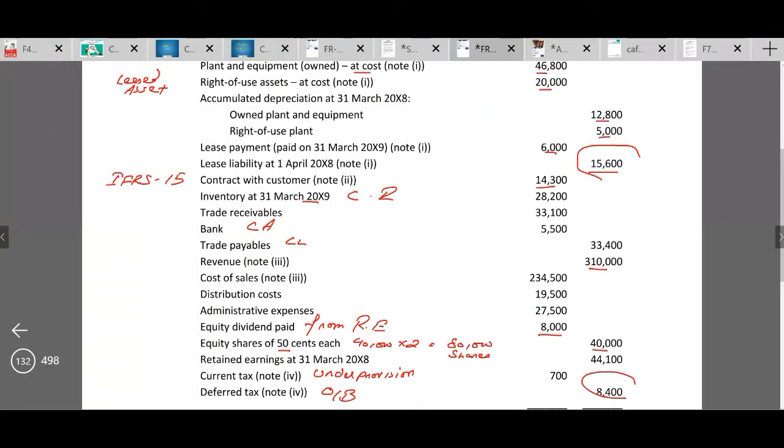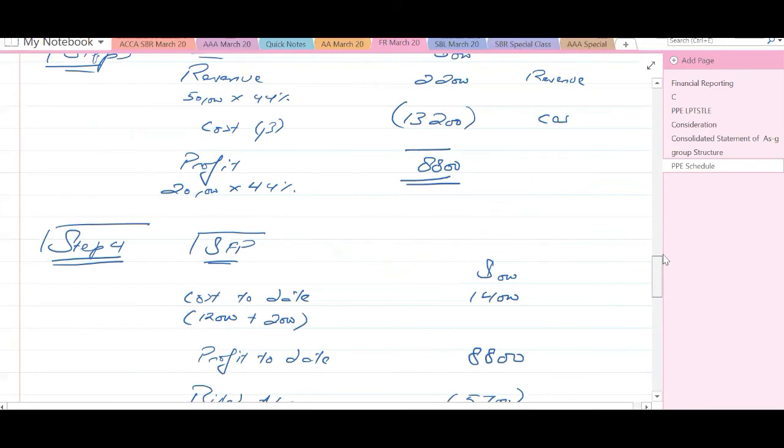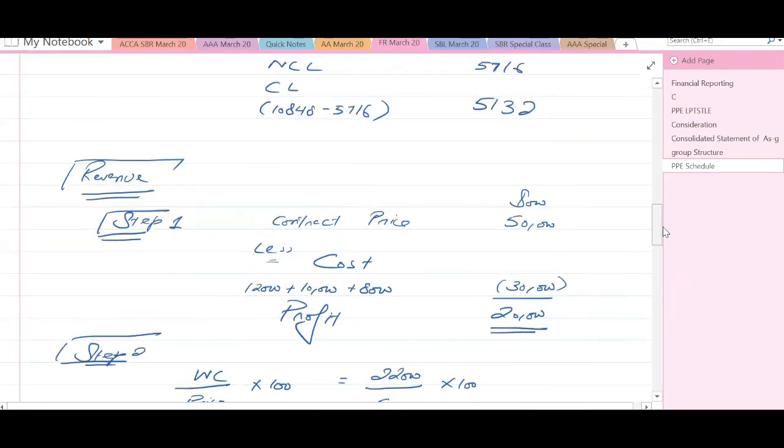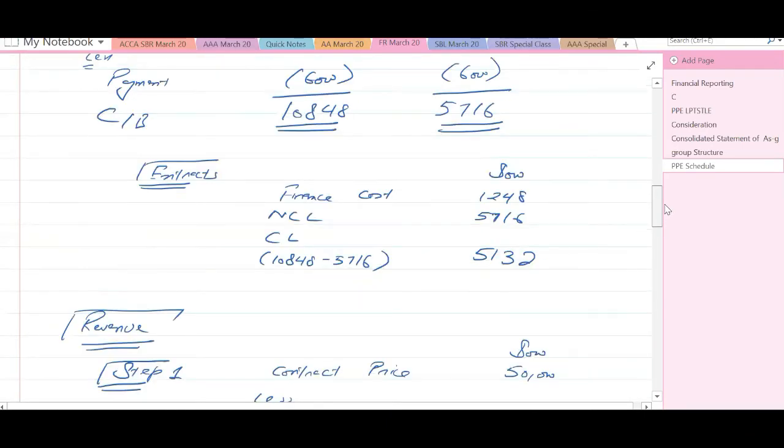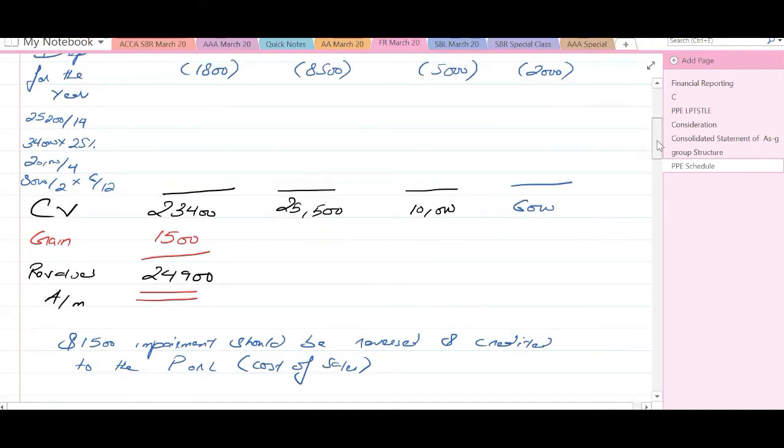Where is the cost of sales? This one, 2,34,500. Then you add the depreciation. So again, you have to go back and see how much depreciation you have.